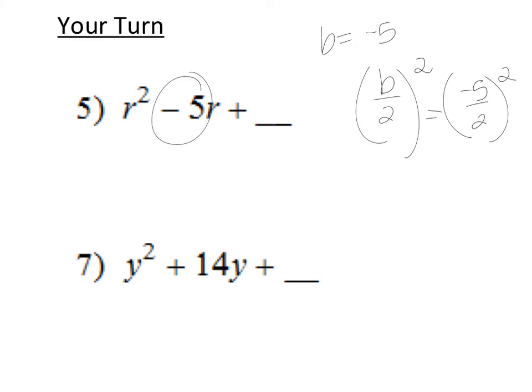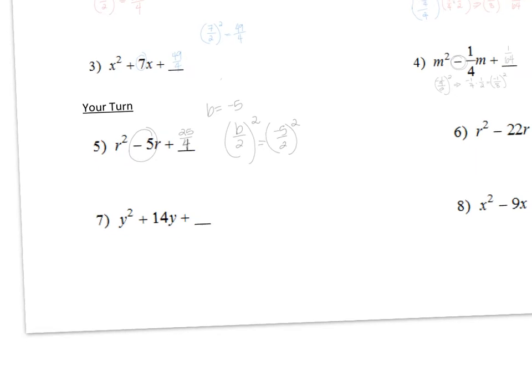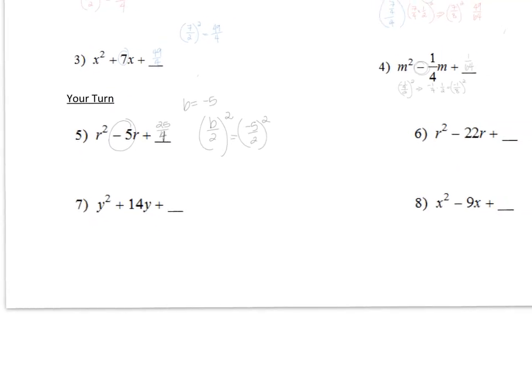And negative 5 squared is going to be 25, and 2 squared is going to be 4. And that's the most I can reduce it. I can't go any more, and I can't go any less. So I want you guys to try number 6 on your own. I'll be checking in class to see if you tried number 6.